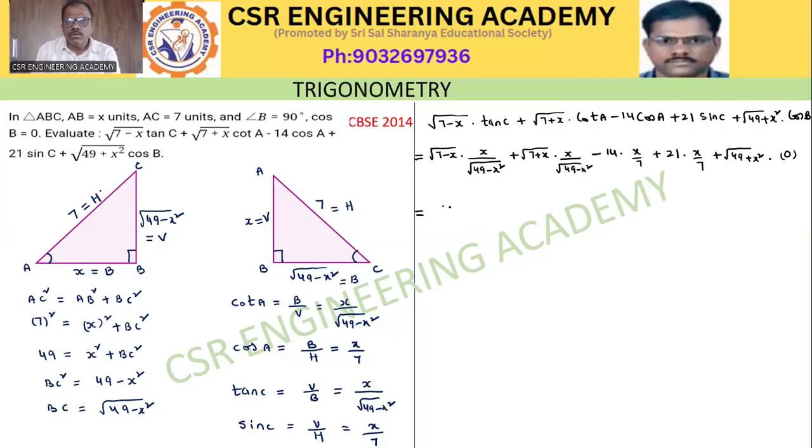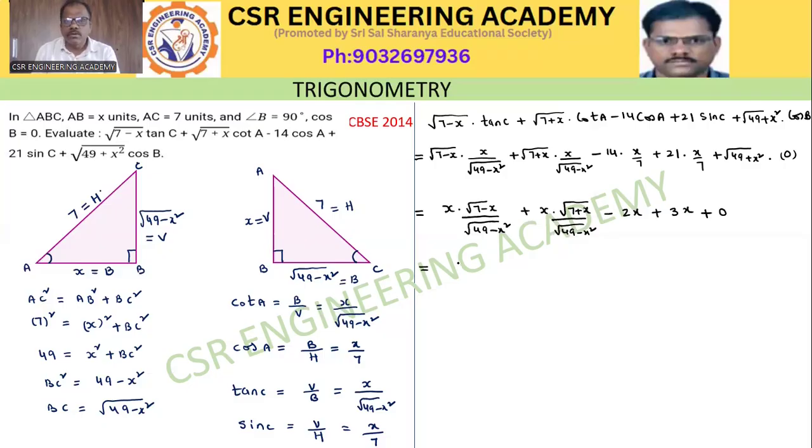Is equal to x into root of (7 minus x) divided by root of 49 minus x square, plus x into root of (7 plus x) divided by root of 49 minus x square, minus 14 into x by 7 is equal to 2x, plus 21 into x by 7 is equal to 3x, plus 0.